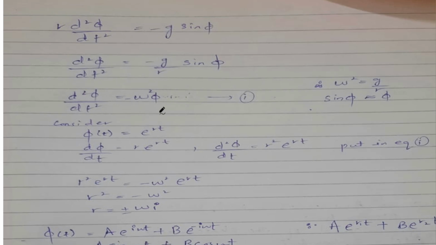It's a simple equation you can solve by yourself. This is the second derivative, and you know that omega squared, the angular velocity squared, equals g over r. And sine phi is approximately equal to phi, for a very small angle, so you can put phi there.